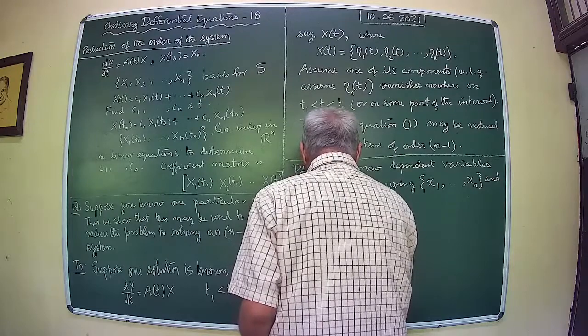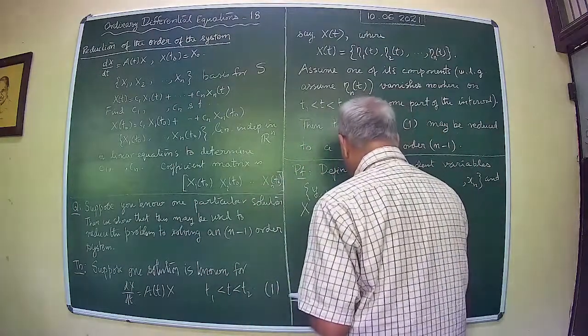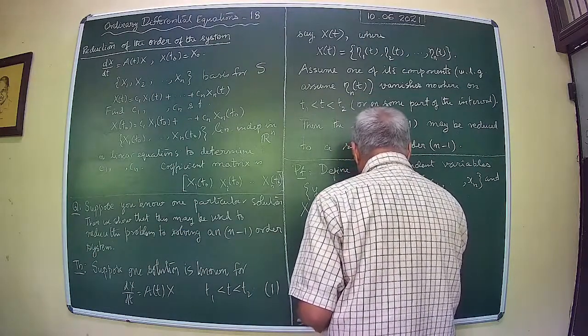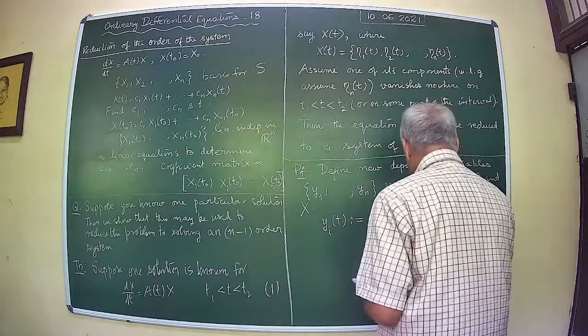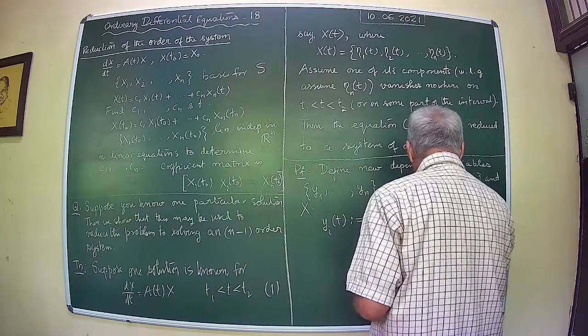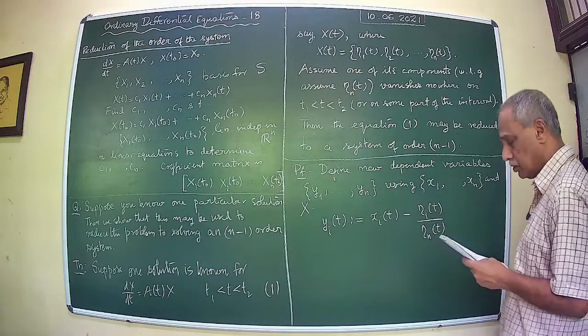Yi t is defined as xi t minus eta i t divided by eta n t times x n t. We are assuming eta n t vanishes nowhere on that interval.